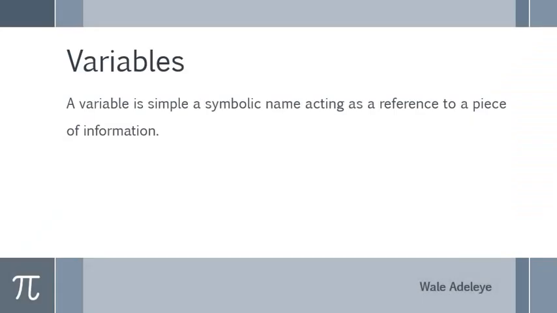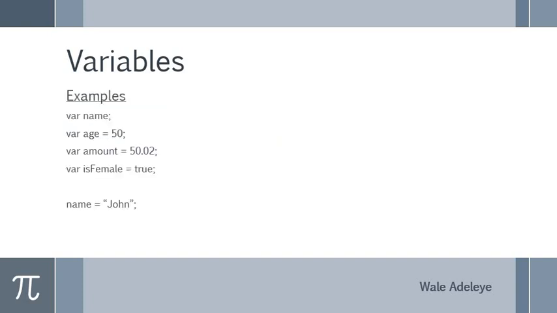Variables. A variable is simply a symbolic name acting as a reference to a piece of information. So what does that mean? Let's see an example. In these examples, we declare a variable, we say var. That's how you declare a variable in JavaScript, and you call it name. That's the name of the variable.